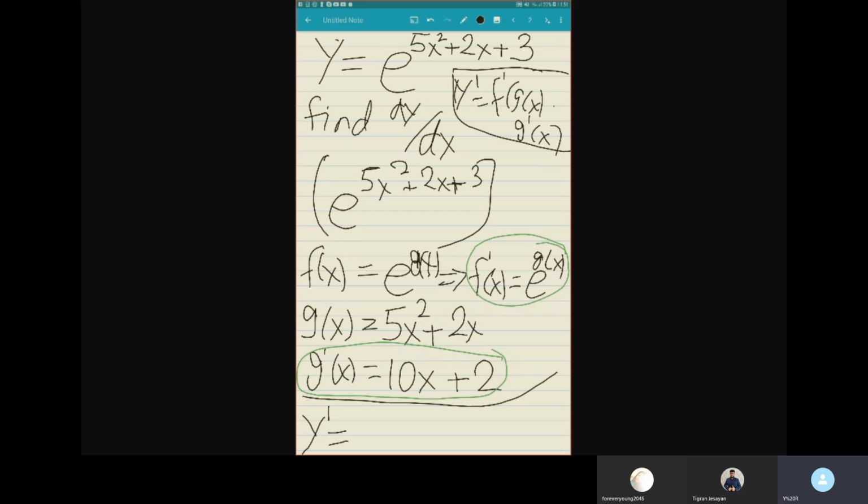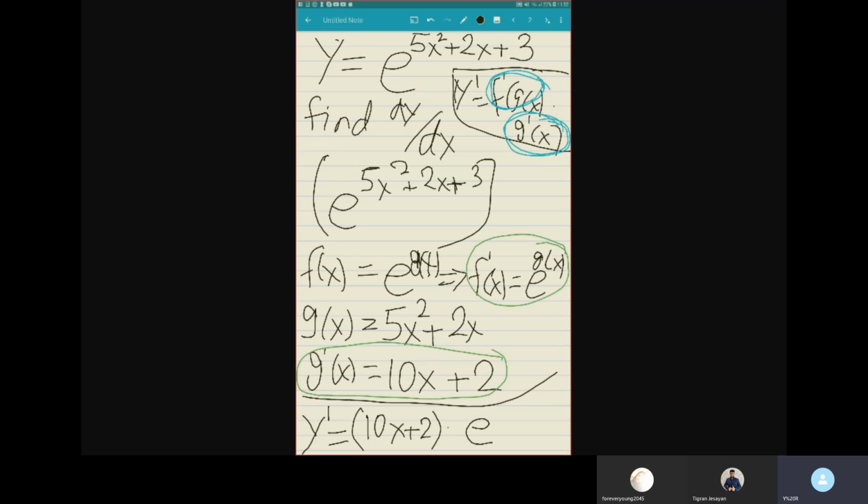So y' is equal to f'(g(x)) times g'(x), so 10x plus 2. Which one are you replacing first? You have two terms here. I took the 10x plus 2. Okay, that's fine. You can plug it in any order. And then the e to the power g(x).